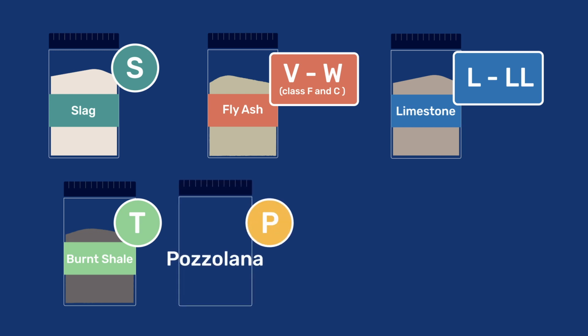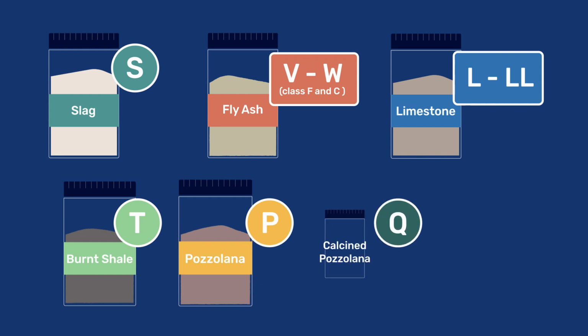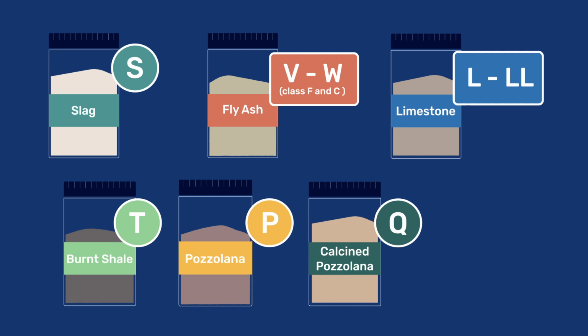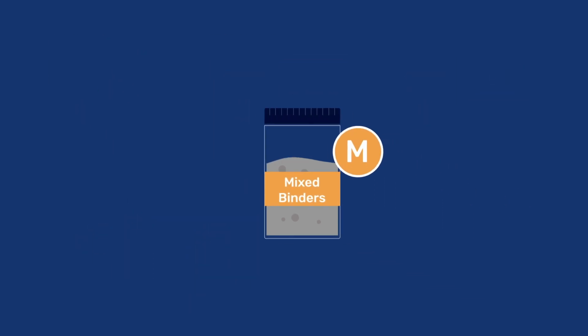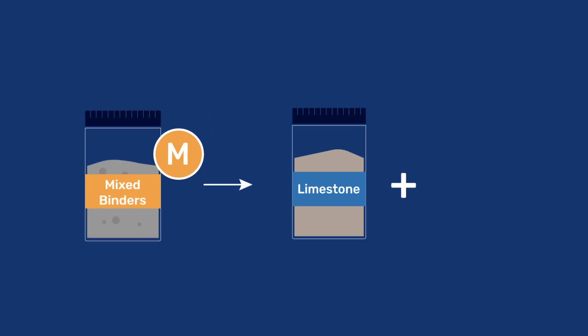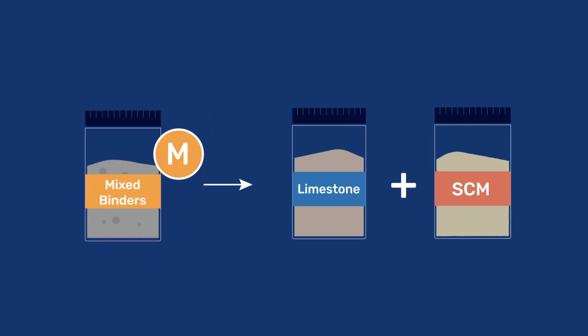P stands for natural pozzolans such as volcanic ash. Q for natural calcined pozzolana such as calcined clays. M for mixed binders that include more than one SCM. Such mixes are gaining in importance based on the possibility of combining limestone and other SCMs that may react together, as explained in separate videos.